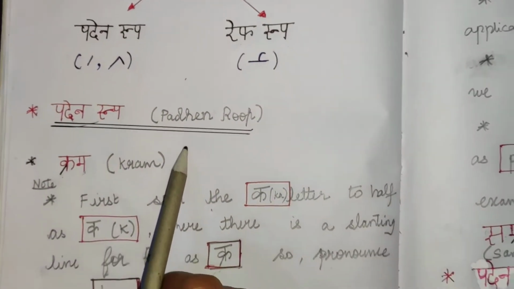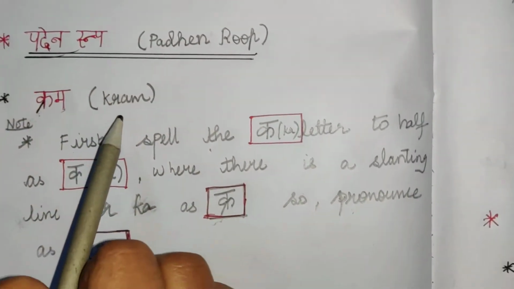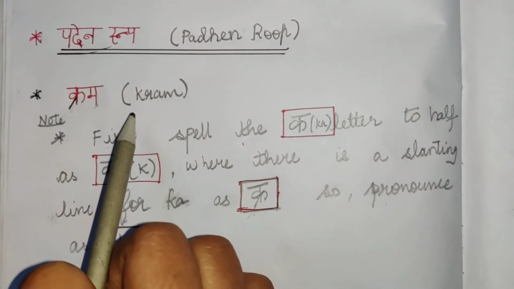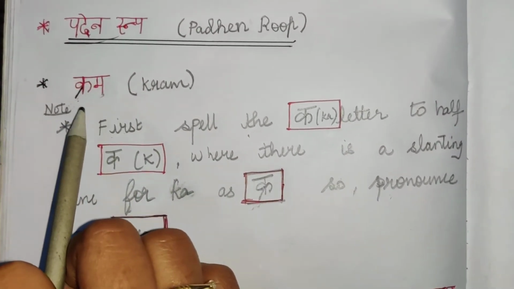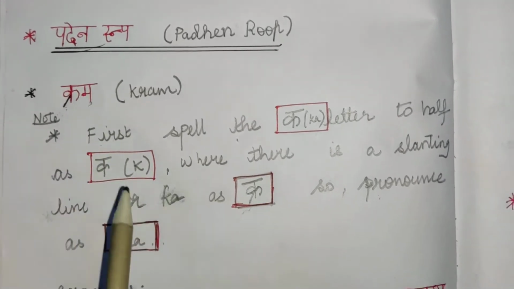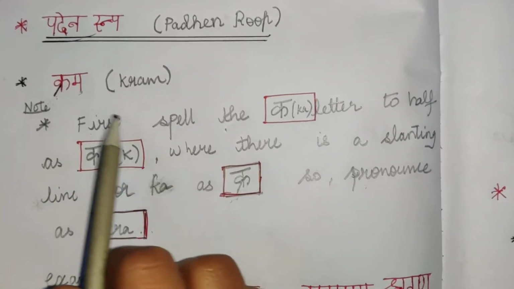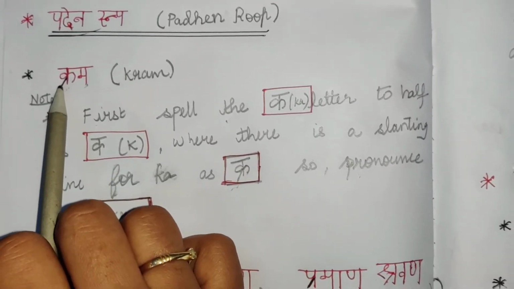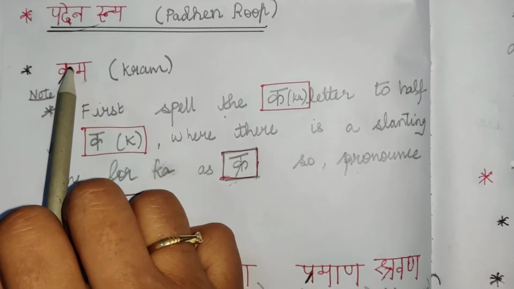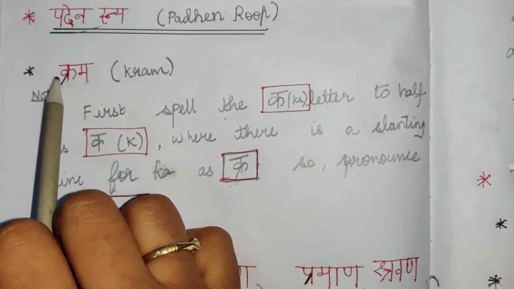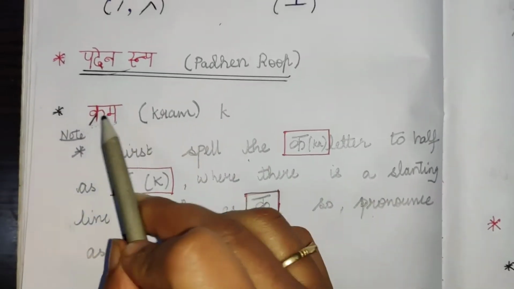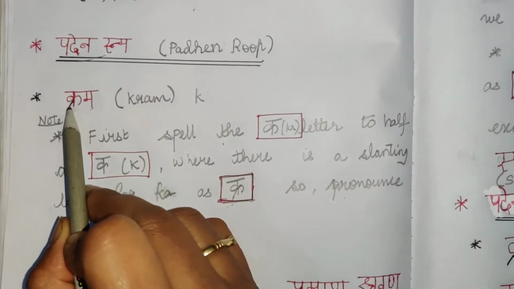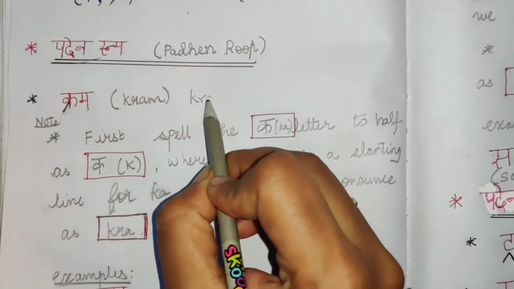For Paden Roop I'll tell you one example. Kram means order. How will the pronunciation be for Kram, and how can we identify it? First we need to spell the letter Ka as a half letter, Kra, the half letter K. Then spell the slanting line as Ra.